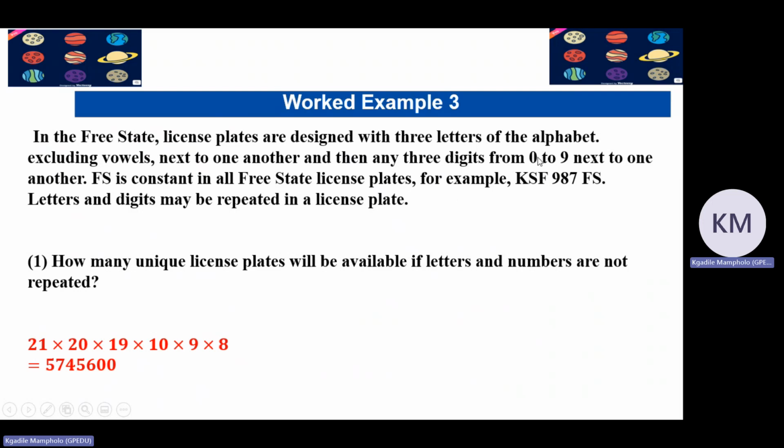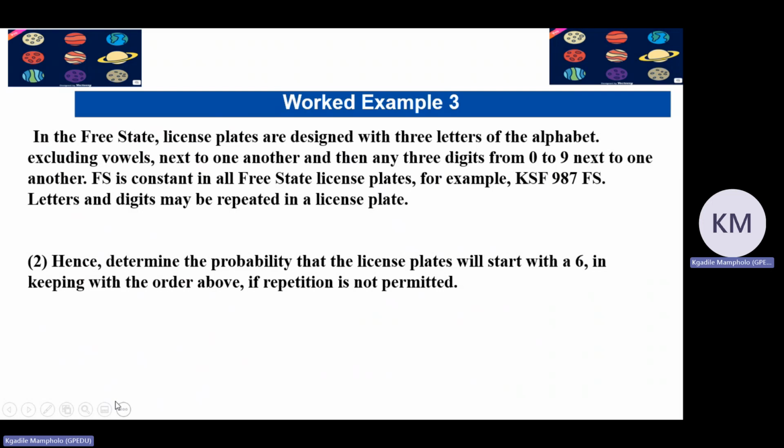Then for the 3 digits we choose out of 0 to 9. Remember, there are 10. Repetition is not allowed. You say times 10 times 9 times 8. Then the answer will be the possible number of license plates that can possibly be created by the Free State government.